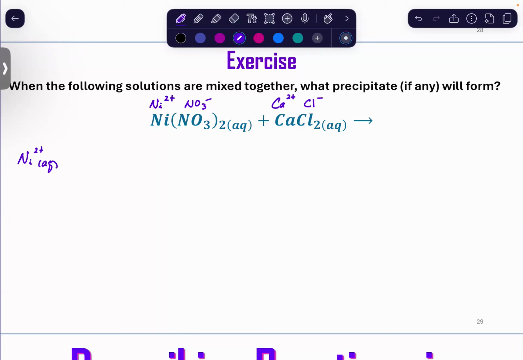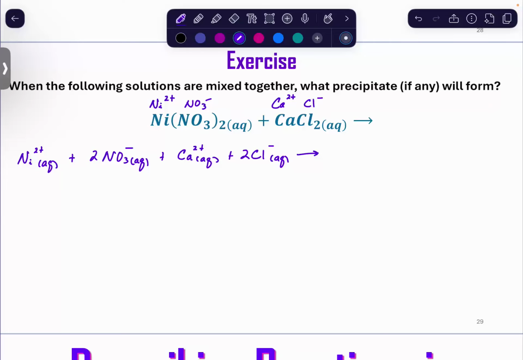You're going to get your nickel 2, there's your 2 nitrates, your calcium, and your 2 chlorides.